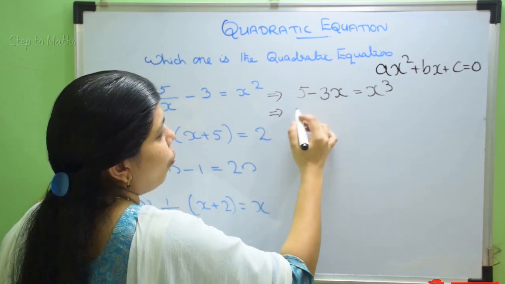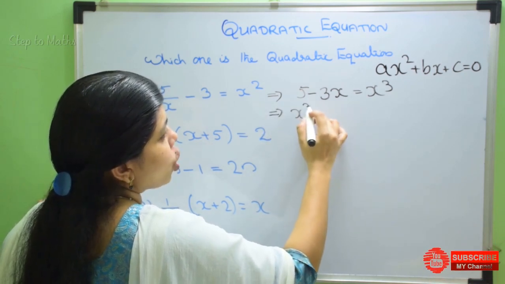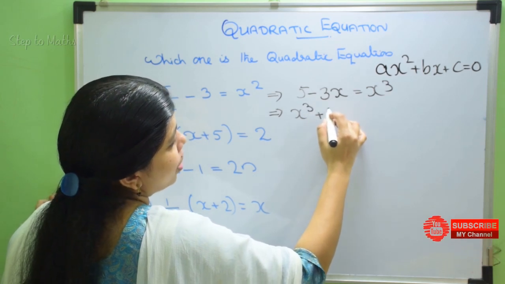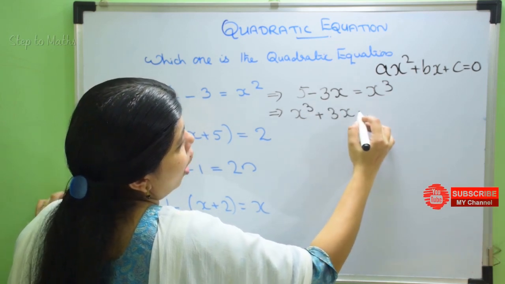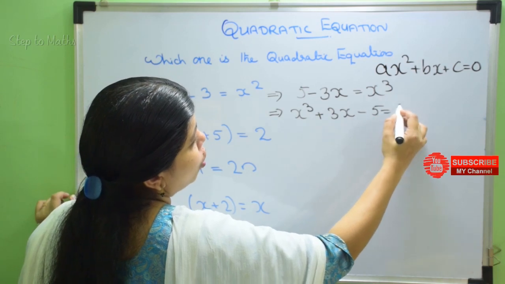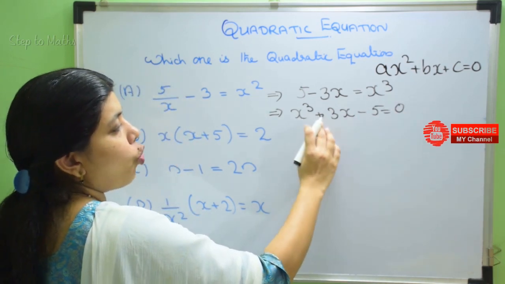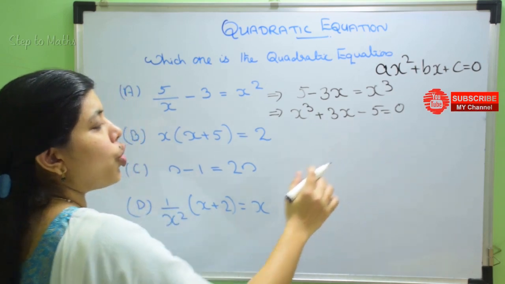That implies if we rearrange it again, x cube plus 3x minus 5 is equal to 0.